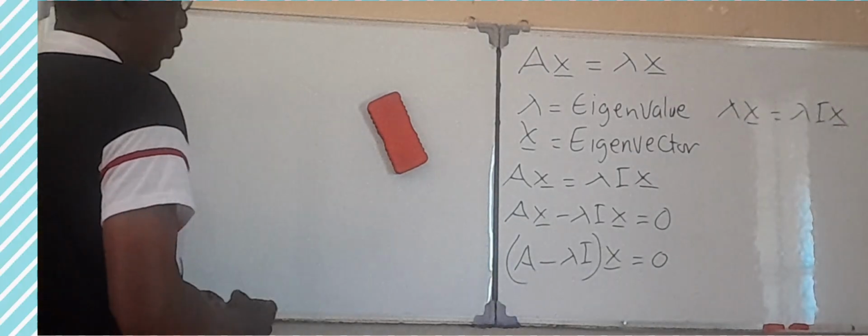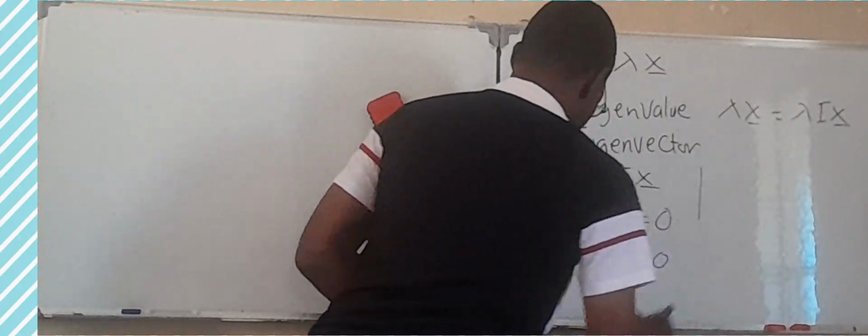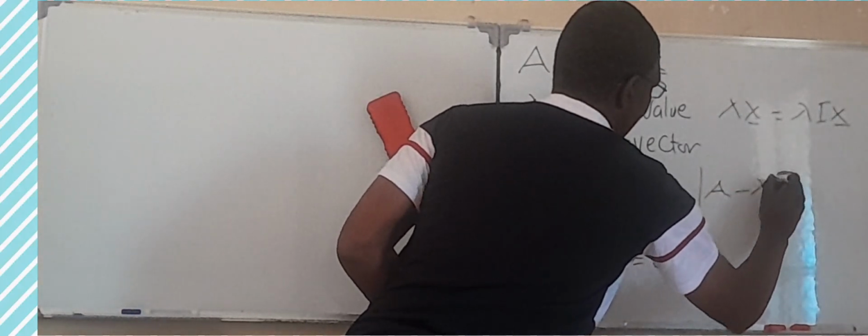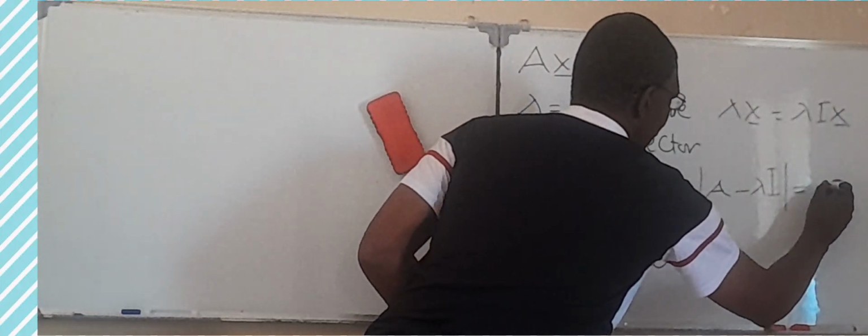So let's write down the condition here. This says the determinant of the matrix A minus lambda I is equal to 0.